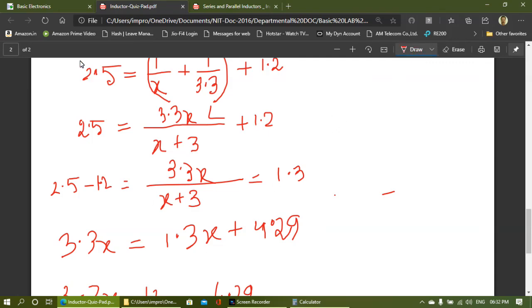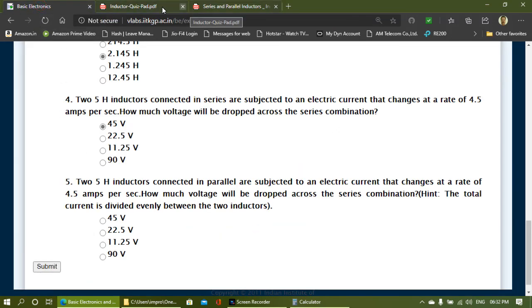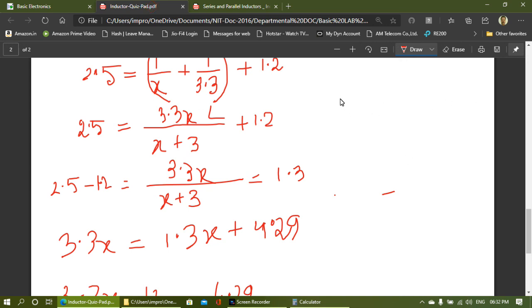So let's see. Now your inductor value is the same, just it has been connected in parallel, so your effective inductance will be 2.5 Henry, and your di and dt are the same. Di is 4.5 amp in 1 second.